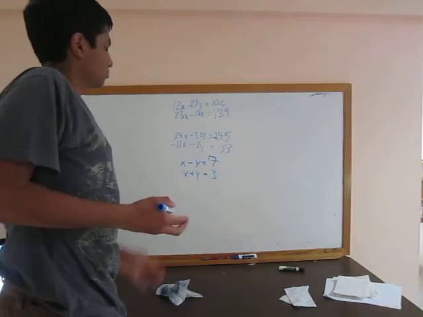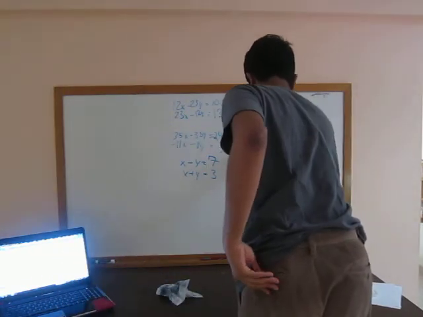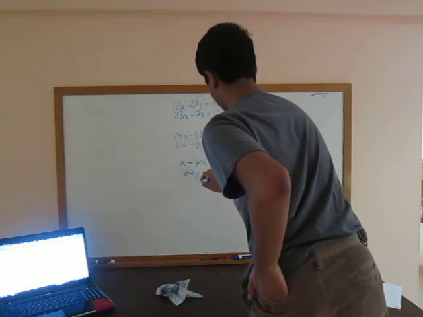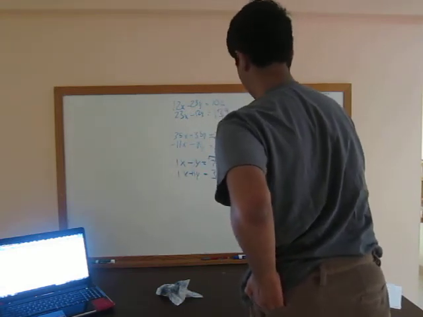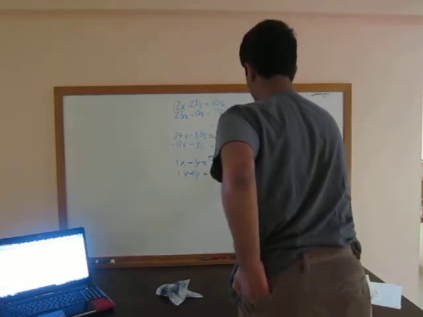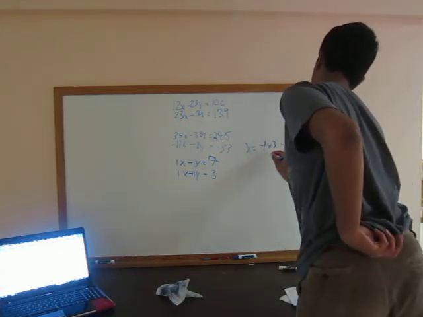Now, this time I'm going to do it basically to find x. So x equals, the numerator of x is, I'll put ones there. So negative 1 times 3 minus 1 times 7.